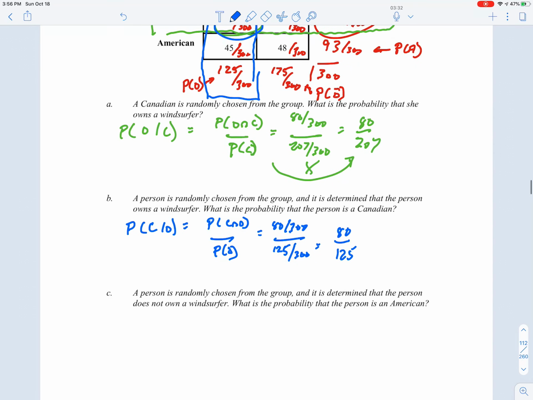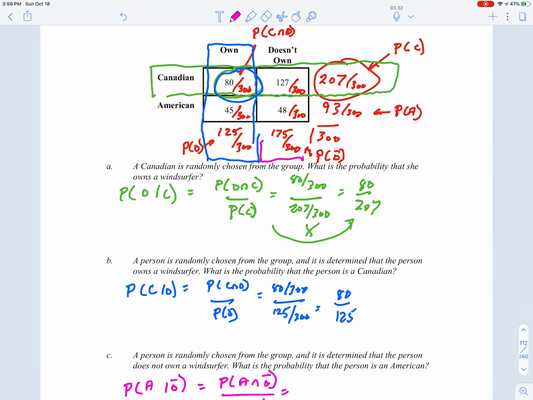Finally, let's take a look at C. A person is randomly chosen from the group, and it's determined that the person does not own a windsurfer. What is the probability that the person is an American? That'll be the probability that the person is an American and does not own a windsurfer, over the probability of not owning a windsurfer.